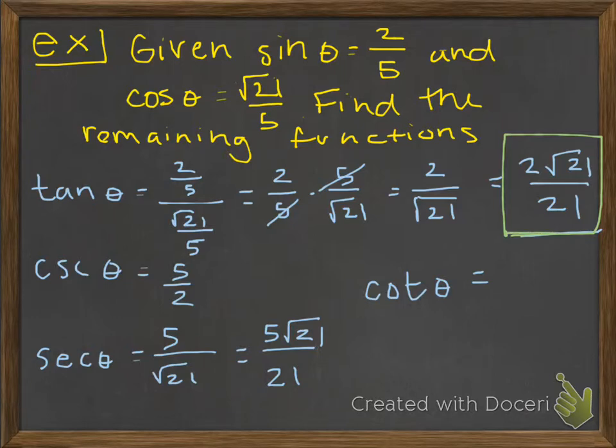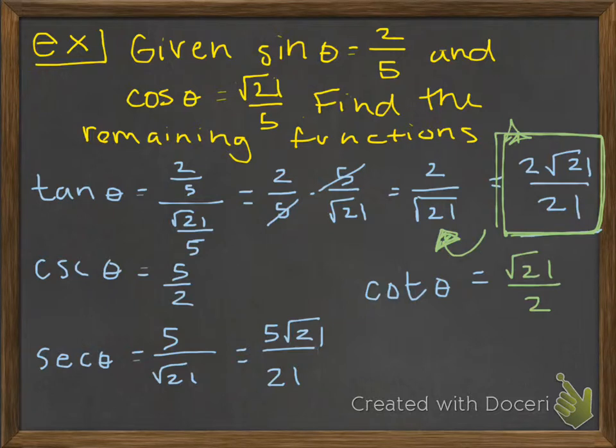So instead of taking the reciprocal of this answer here, we're going to go back a step and take the reciprocal of that fraction right there, so that when I flip it, there is no more square root in the bottom. So cotangent is root 21 over 2. Would you have gotten the right answer if you used this one? Absolutely. It's just you would have had to rationalize. So that is an example of when you're given 2, you find the remaining.